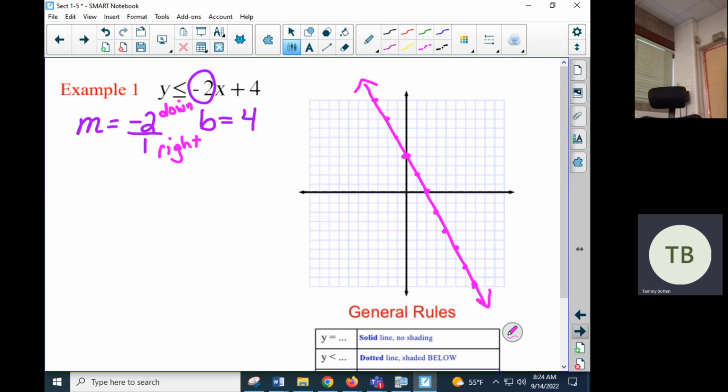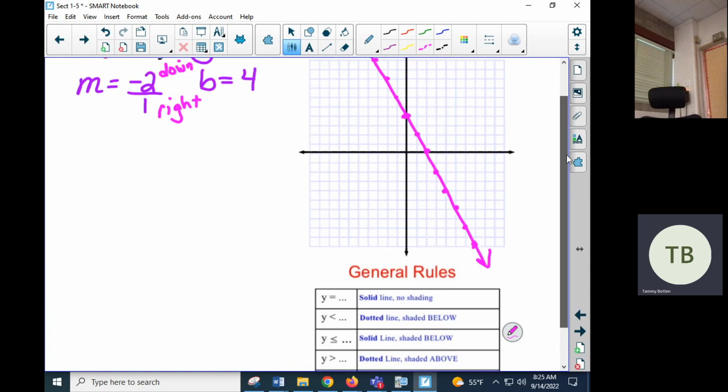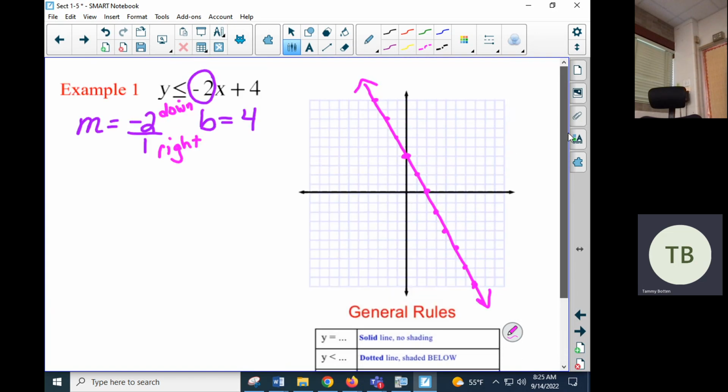And now when it's solved for y, you look at this sign and it's less than or equal to. And so if you look here, less than or equal to, you shade below. So would you guys all get that you shade right here? Is that okay?